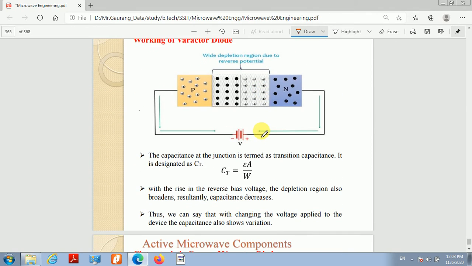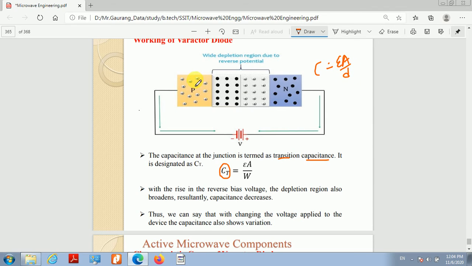The capacitance that is formed at the junction due to reverse biasing of the diode is known as the transition capacitance, denoted by C subscript T. As we know, the capacitance of a capacitor is given by epsilon A divided by D. So what is the distance between the two plates?